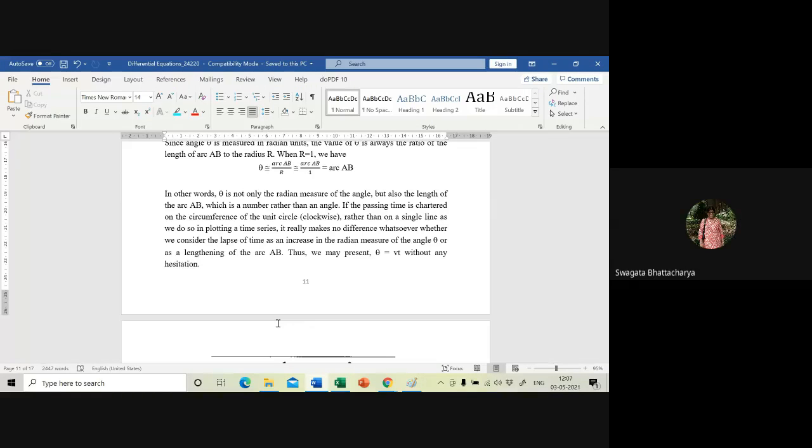And the fact that in this model time is moving in a circular path rather than a linear path doesn't make any difference to the basic theory that time keeps on increasing. Right? Yes, because if it is linear, we will not be able to go for the next part. So here, not only are we replacing theta by vt, but our purpose is to discuss how, from this circular movement of time, we can generate the cyclical time path.